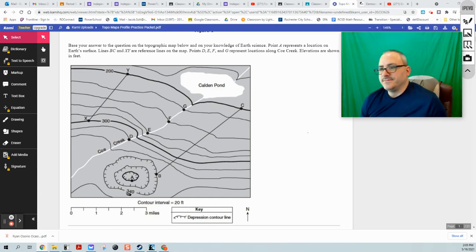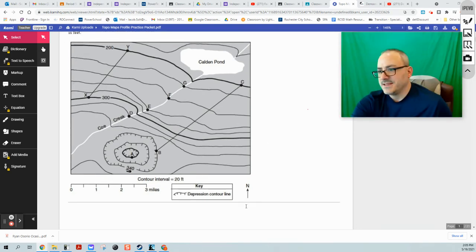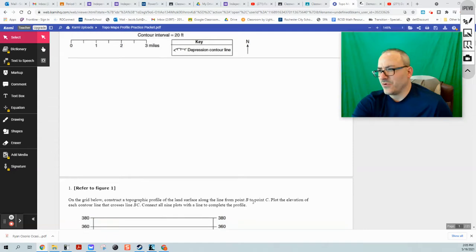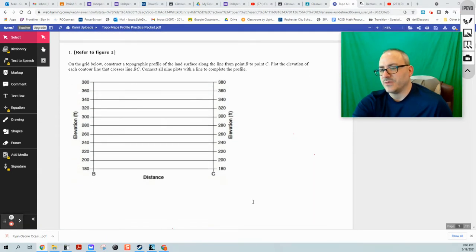All right, let's see what the problem is. I have this graphic and this legend here. What's the question? I have to scroll all the way down here to figure out what I'm actually doing. On the grid below, construct a topographic profile. Okay, that's what we're doing.